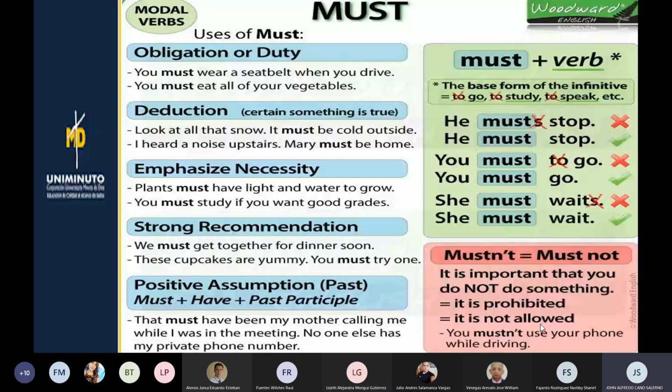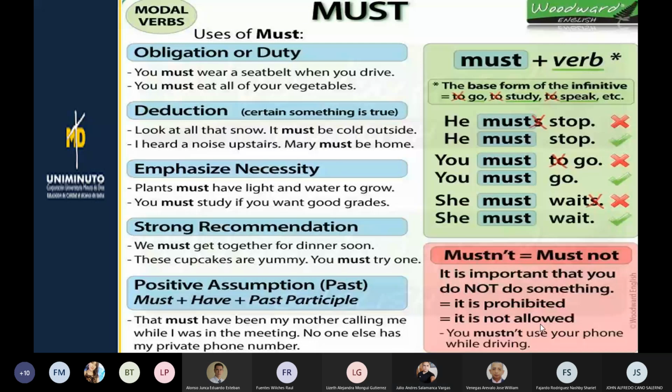Read the information about the uses of must. Uses of must. Obligation or duty. You must wear a seatbelt when you drive. You must eat all of your vegetables.